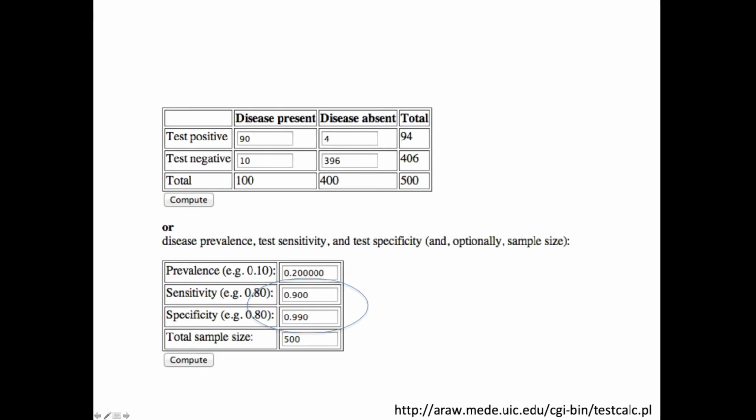Let's say our test is a little better, and now it can identify 90 out of 100 of the people who had the disease present. And so the sensitivity goes up to 90%.